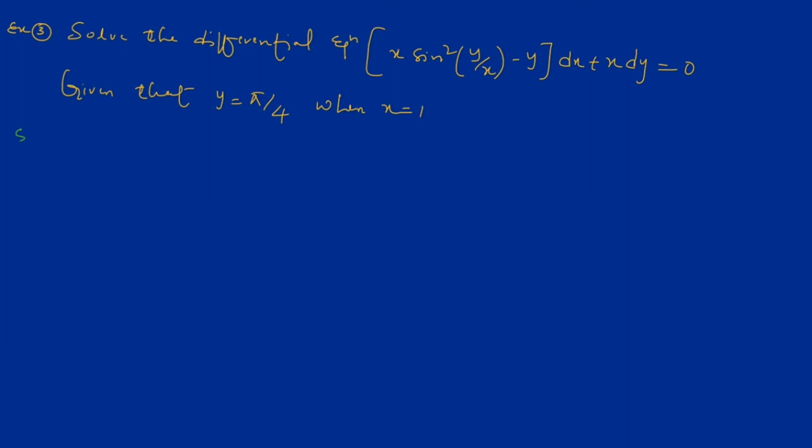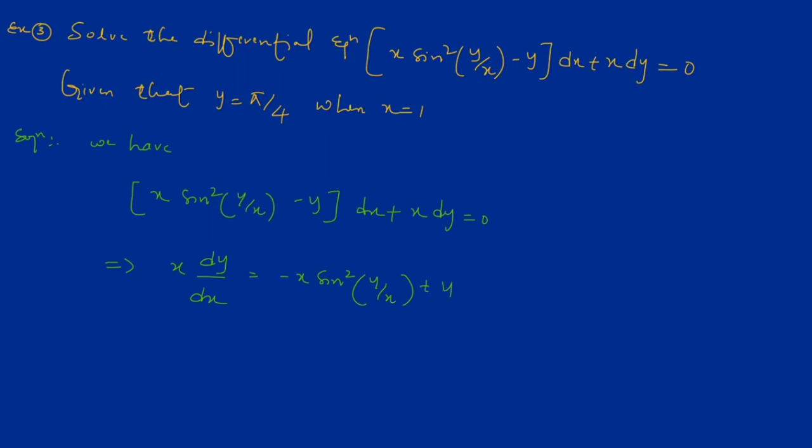So now solution for this one. We have, first let us consider the given x sine square y by x minus y dx plus x dy equals 0. So now we have to convert this into the standard form. It is dy by dx equals minus x sine square y by x plus y, right?